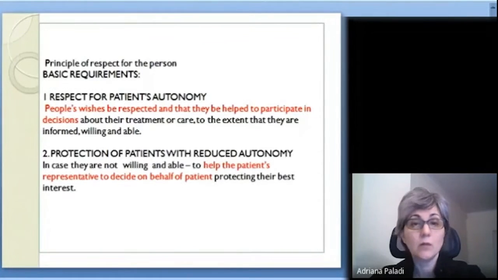And the second requirement is protection of patients with reduced autonomy, and this implies that in case the patients are not willing and able, the patient representative decides on behalf of the patient, protecting their best interest.